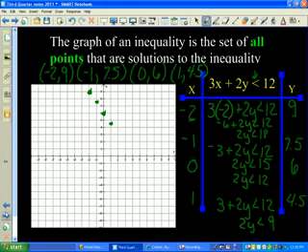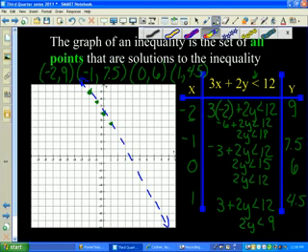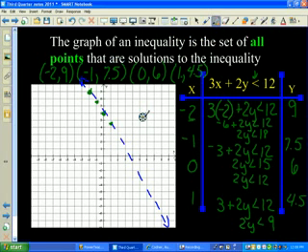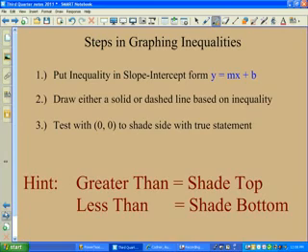If it's less than, that means I should be drawing a dashed line. And this barrier is showing how I'm splitting up my coordinate plane into two regions. So here's one region, and there's the second one. Okay? So in order to find some of the solutions, all you have to really do is just plug it into your x and y and see if you get a true statement.